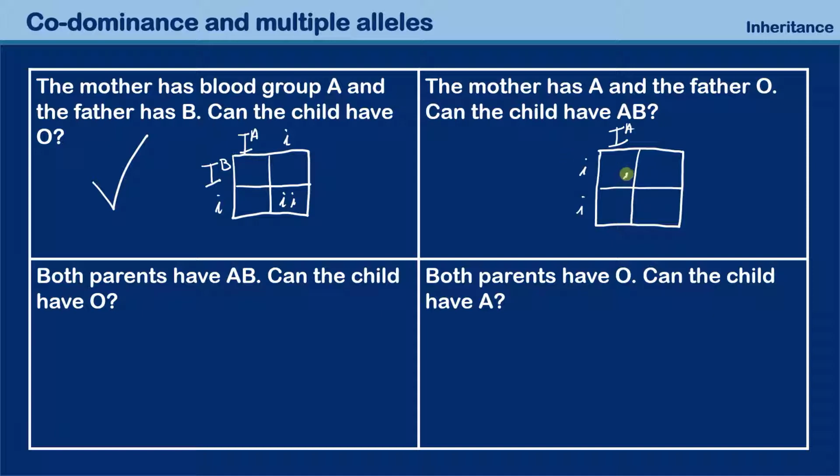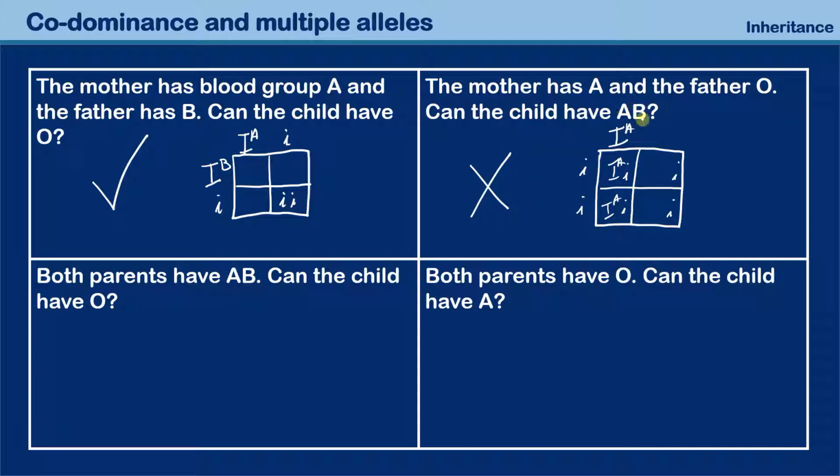And this means that everywhere there must be a lowercase i. This one is also clear, IA. How can you get AB in this situation? I don't see any way to get blood group AB, because the father is only able to donate a recessive allele, so this does not work out.